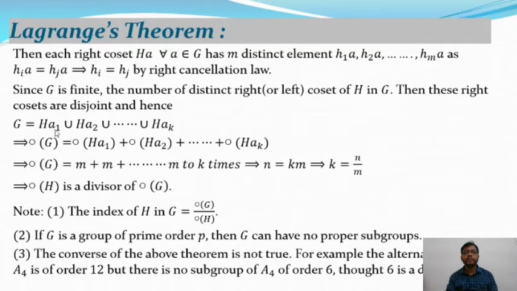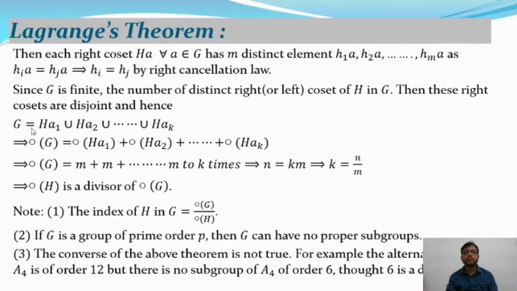And where Ha1 is a right coset and order of Ha1 is m, because Ha1 as a right coset has m distinct elements, so order of Ha1 is equal to m as well as order of Ha2 is equal to m and up to Hak is equal to m.